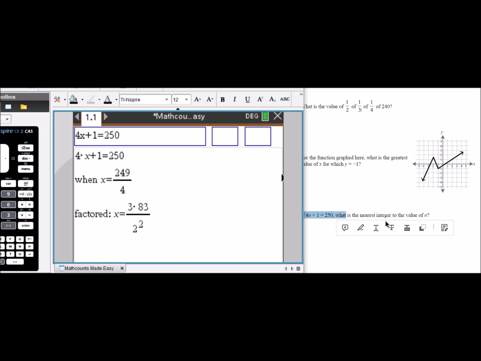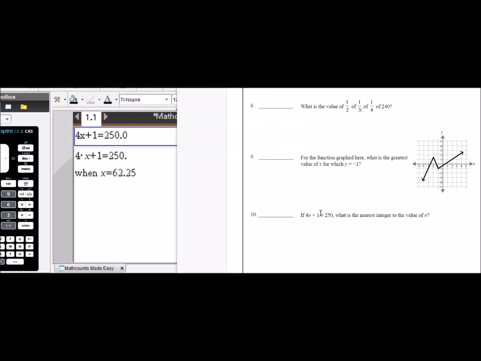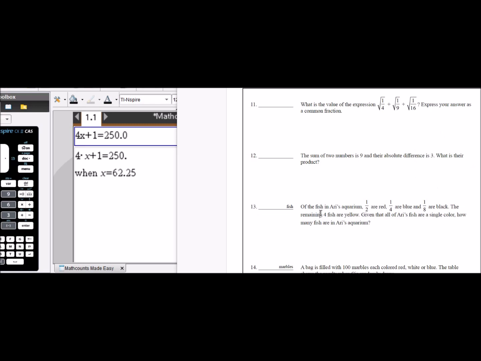And look at the question saying what is the nearest integer to the value of n. Well, we have a fraction here, but remember, when you enter a decimal, 250.0, your answer will come up as a decimal, and you have the nearest integer, which is 62. So if I wouldn't be talking that much, I would have solved that question much faster. So this one can of course also just be typed in.